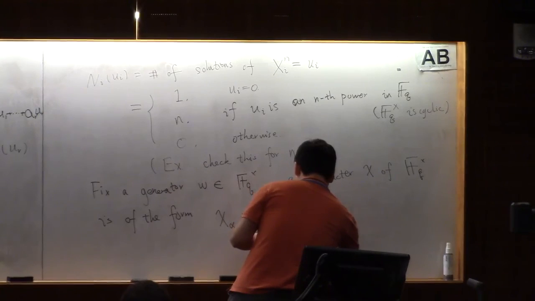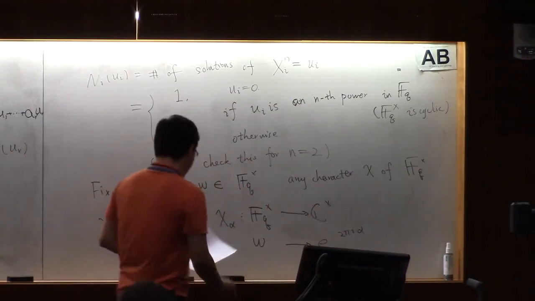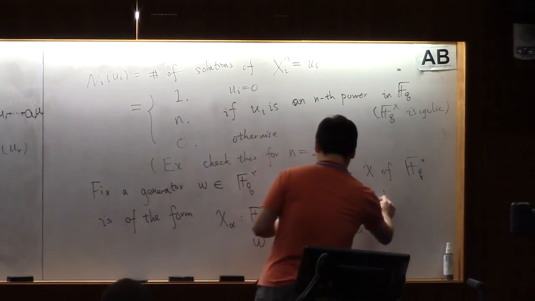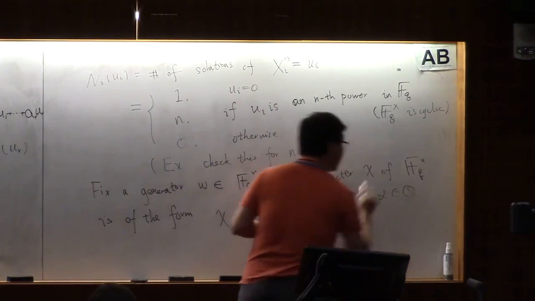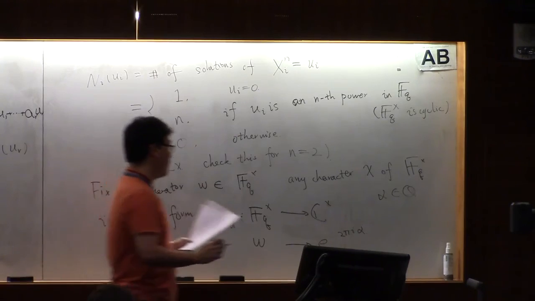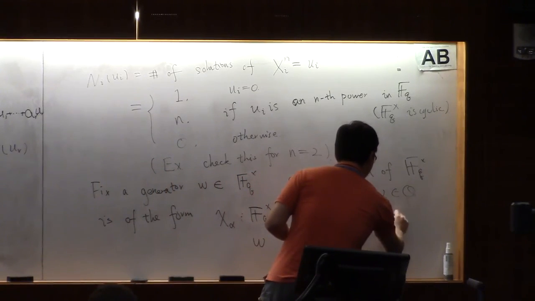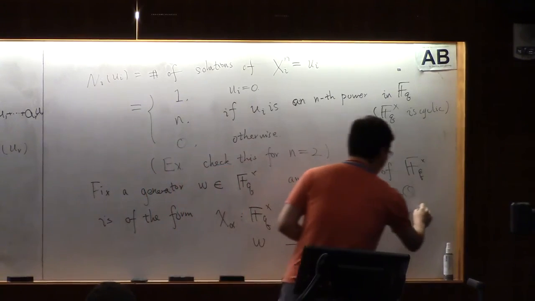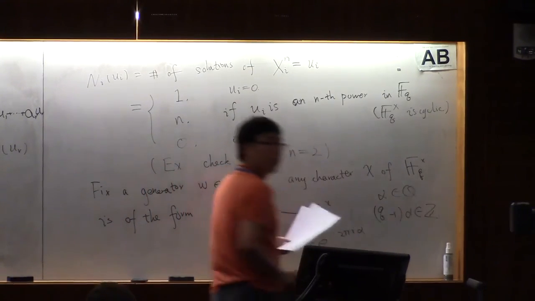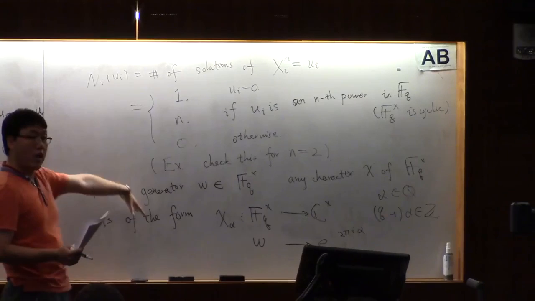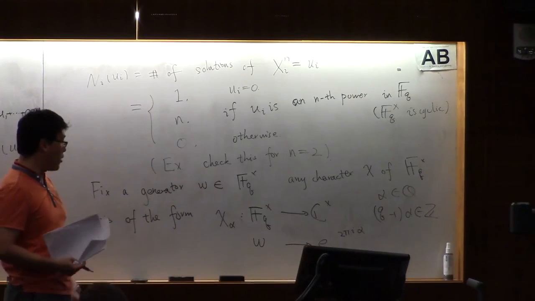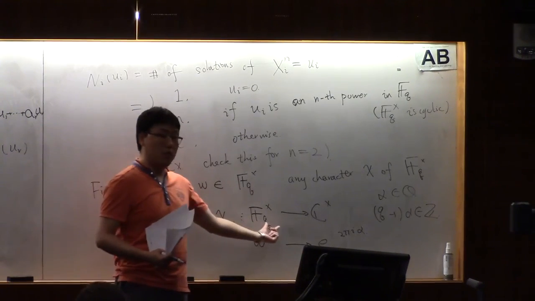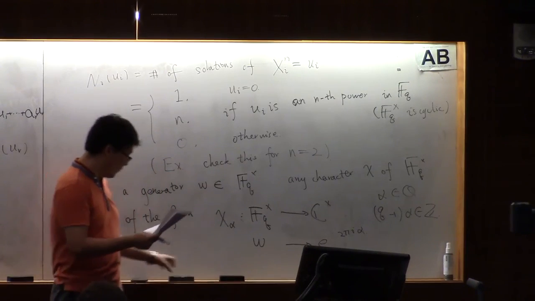So it should be of this form, where this alpha is a rational number, and q minus 1 times this alpha must be an integer. Okay? So in this way, we list all the possible characters of the multiplicative group of this finite field.